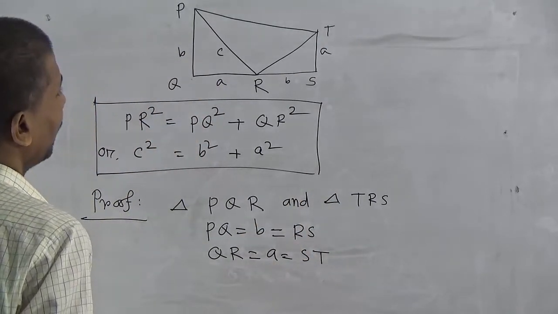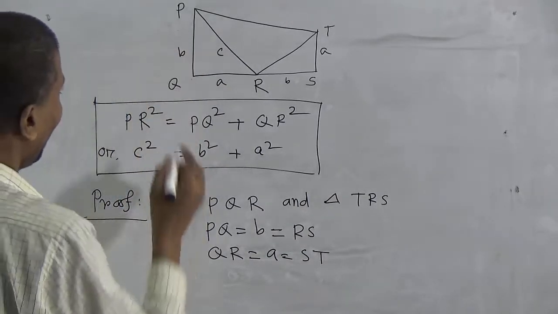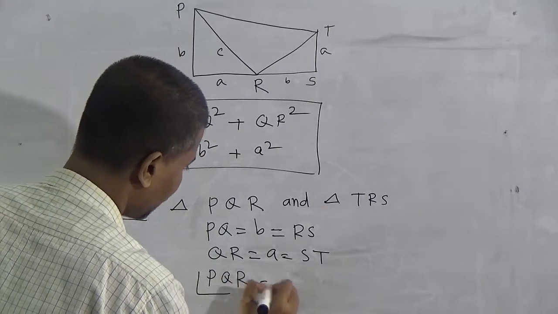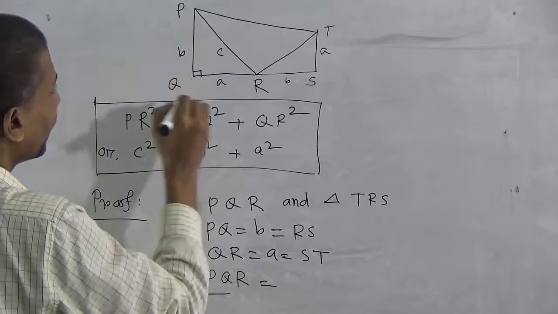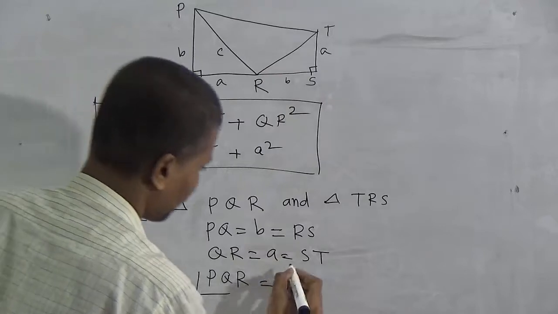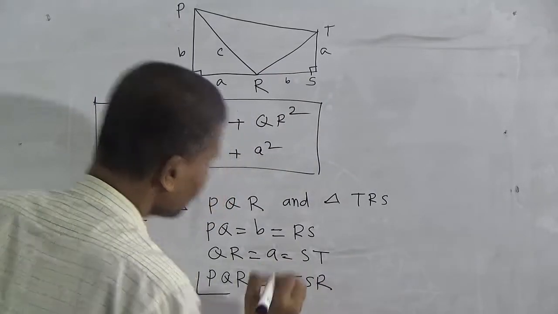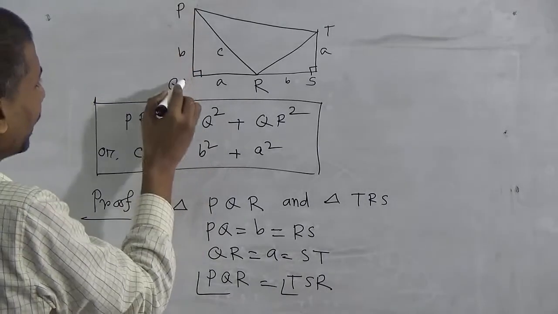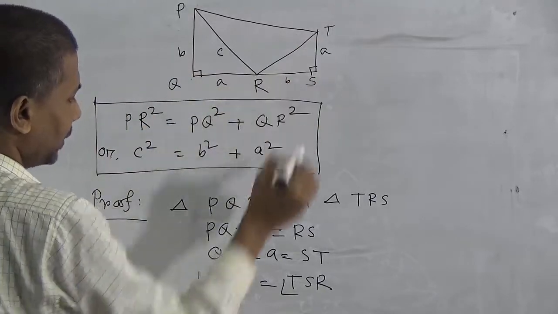Okay, and the angle PQR, that means this is right angle triangle, PQR equal to TSR. Look, PQR, this is right angle. Similarly, TSR, this is also right angle.